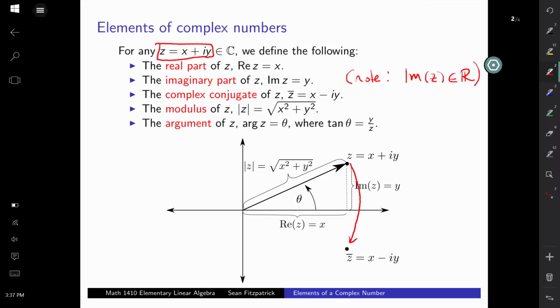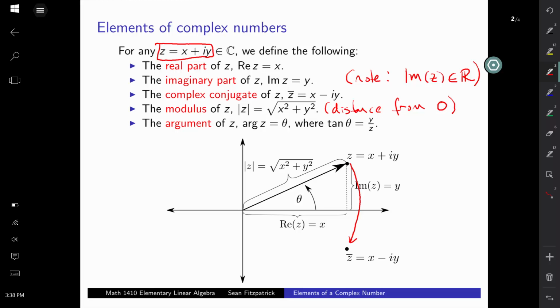Now, the two new parts that we need to introduce here, because this is going to be how we write our complex numbers in polar coordinates, are the modulus and the argument of a complex number. Now, the modulus is just the distance from the origin. If we think of a complex number as a point in the plane, with the complex number 0 being the location of the origin, then the distance from 0 to any other complex number, we calculate using the distance formula.